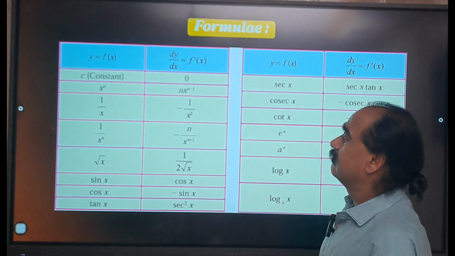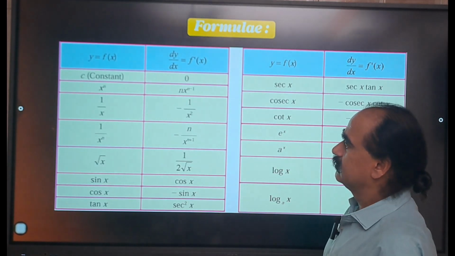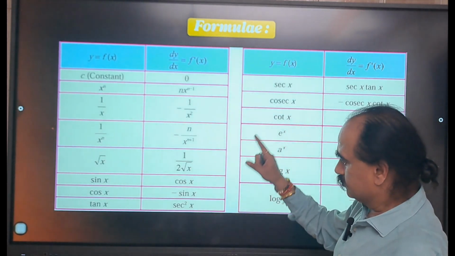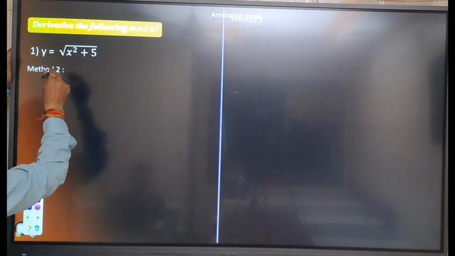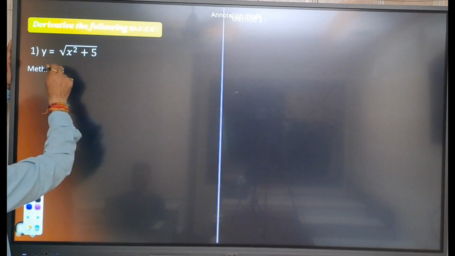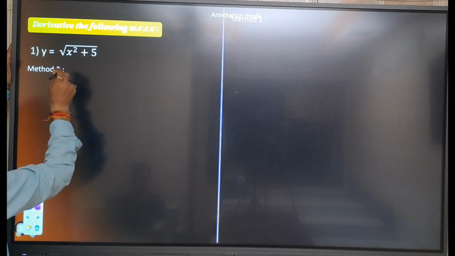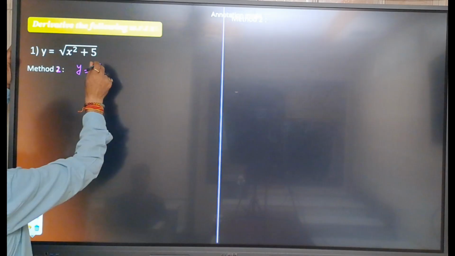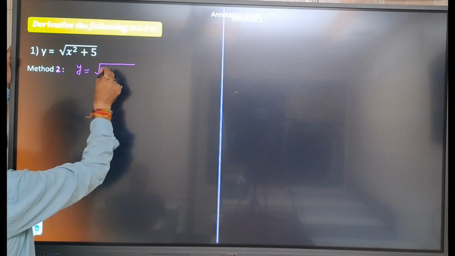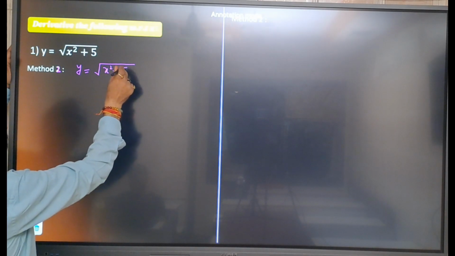These are formulas which we derived. You can go through it. Next heading is what? This is method 1. y is equal to root x square plus 5.